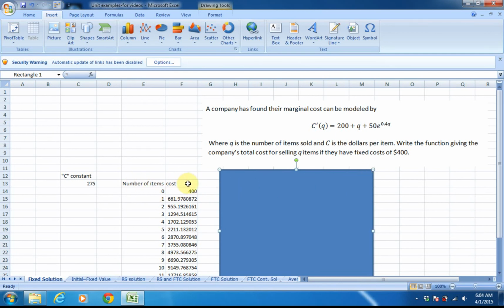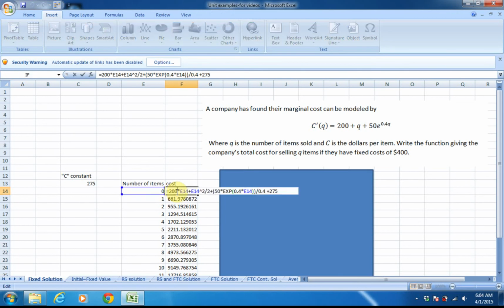In this column, first of all, where you see number of items and the cost, I'm going to double click on this cell, and in this cell you can actually see that I have my original antiderivative of C prime of Q. So I've got 200 times E14, which is basically here, our cell, plus Q squared, or E14 to the second power divided by 2.